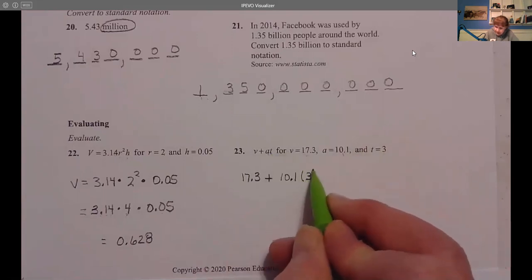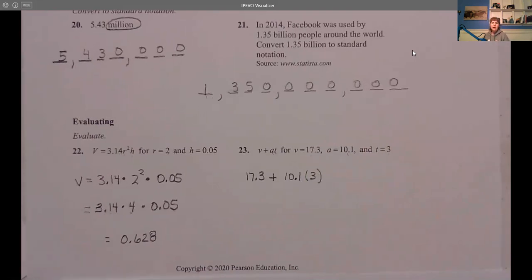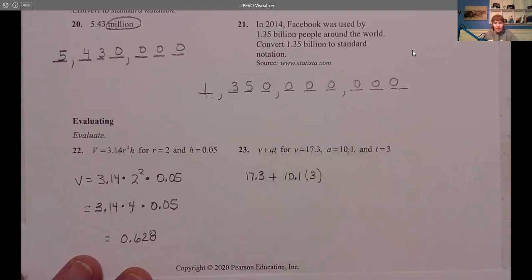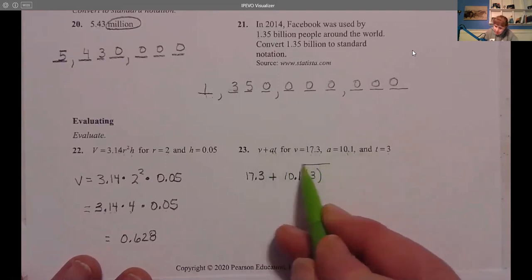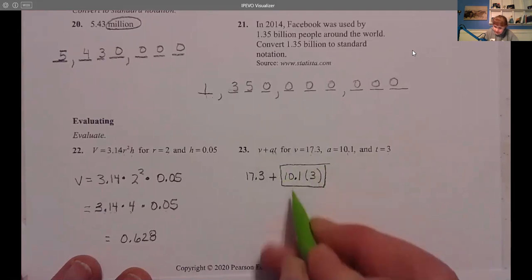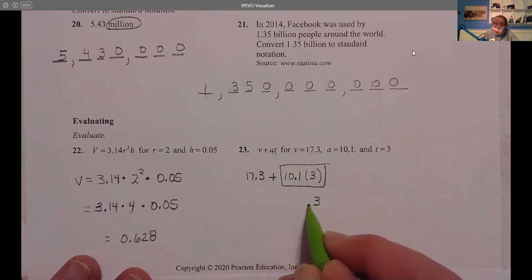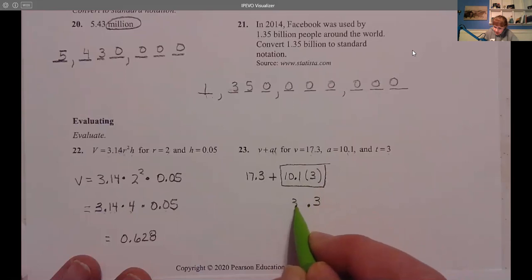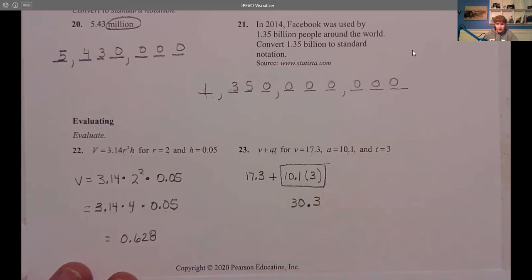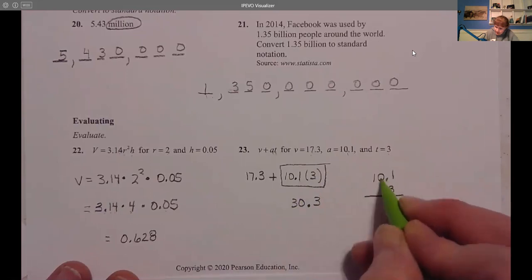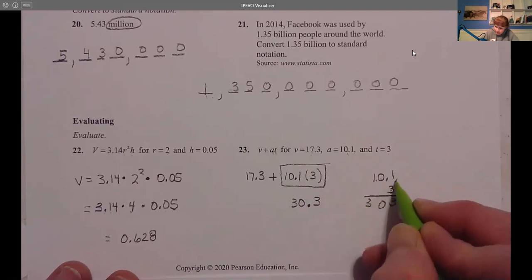I'm going to use parentheses rather than a dot because we've got decimals and parentheses look a little cleaner. All right, so I just put in these values for these variables and I use my PEMDAS. You can multiply these together first. So that would give you 3 times 1 is 3, 3 times 10 is 30. Okay, 30.3. And again, if you wanted to, just 3, 0, 3, move it over once.